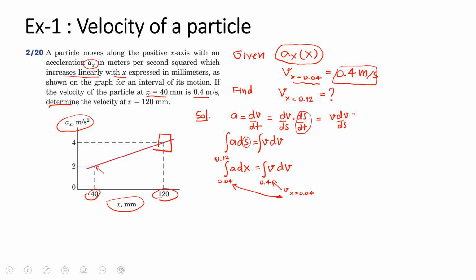And here is the velocity that is unknown, the velocity at x equal to 0.12, which corresponds to the limit of the integration on the left hand side.